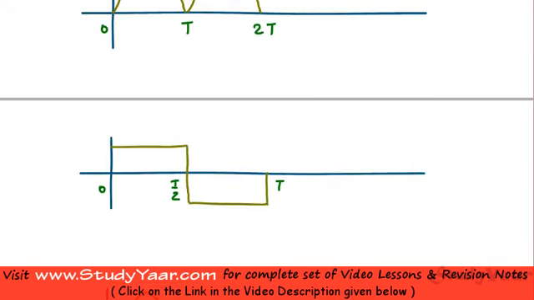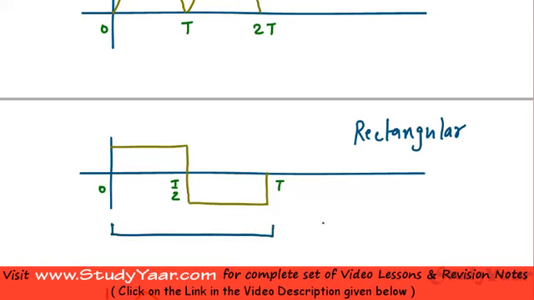Next we are going to see a rectangular wave. So this is a rectangular wave. It has a time period of T, where in the first half it stays constant and in the next half it again stays constant but in the negative direction.